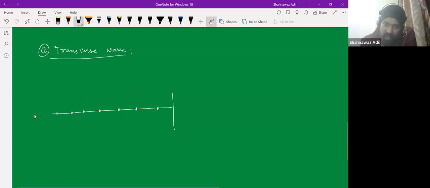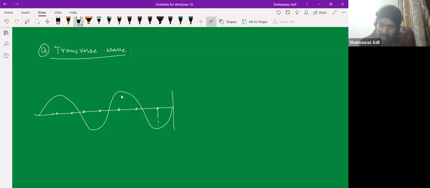Yeah, my diagram is pretty bad. So this is the diagram. And this rope is moving like this. So this is the movement of the rope, right?